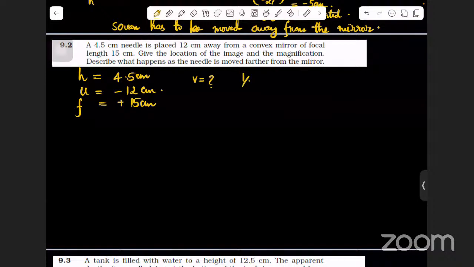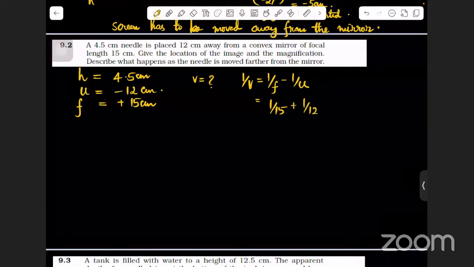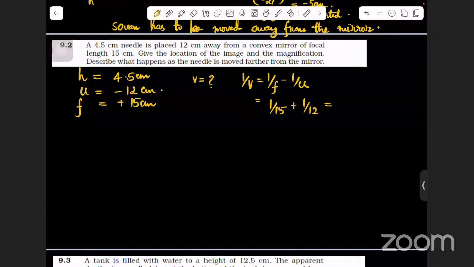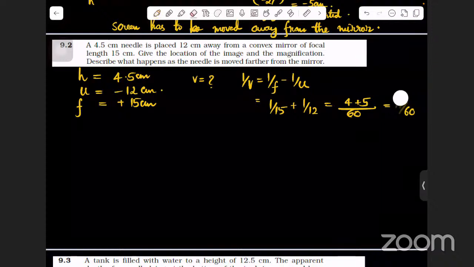So again, applying the same formula, 1 by v equals 1 by f minus 1 by u from the mirror formula, which equals 1 upon 15 plus 1 upon 12, right? Which equals, in 60, we have 4 plus 5, which is 9 upon 60.